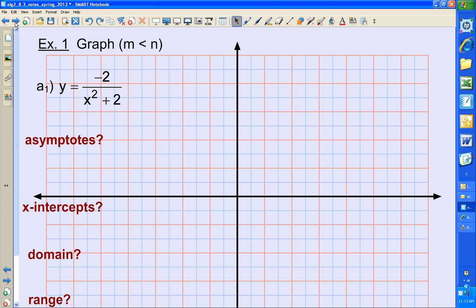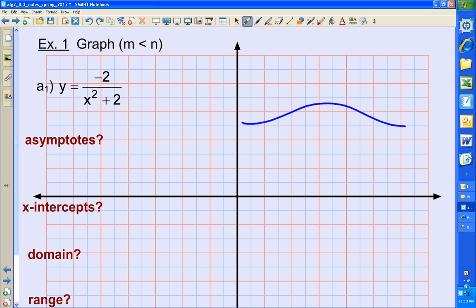If you take notes, when the bottom is x squared plus a number, and there's only numbers in the top, your graph will always be some sort of a bell shape.